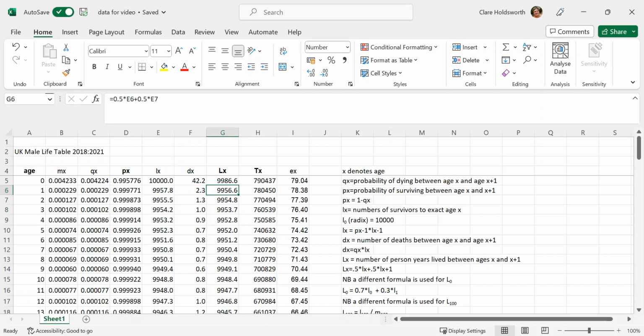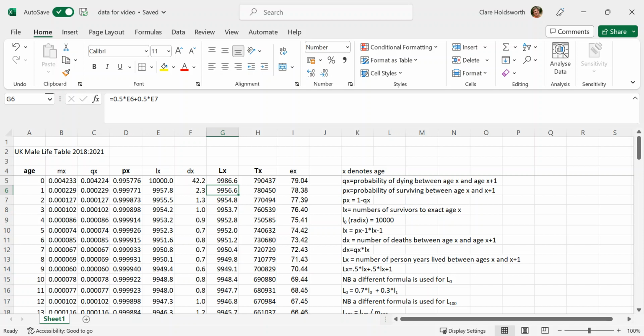That means that the total number of person years lived between age 1 and age 2 is the number of people who survived plus half of the number of people who died during that year. We're assuming they contribute 6 months each. So that's how we calculate the big LX.